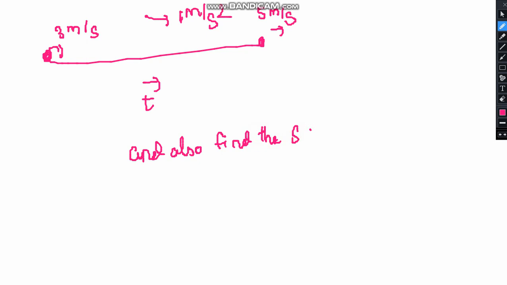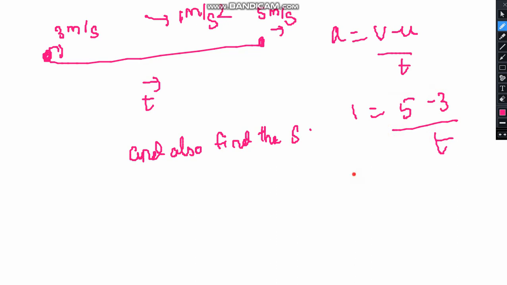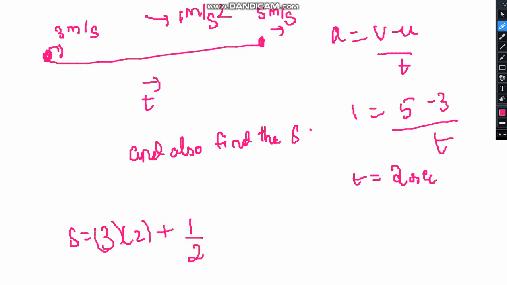This question is very easy, because acceleration equals (v minus u) by t. Acceleration is 1 meter per second square, so 1 equals (5 minus 3) by t. So t is 2 seconds. Now with t, s equals ut plus half at square, which is 3 times 2, plus half times 1 times 4, so 6 plus 2, which is 8 meters. This is the answer. Very simple sums, very easy to understand.